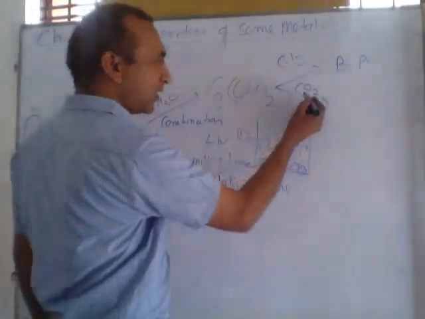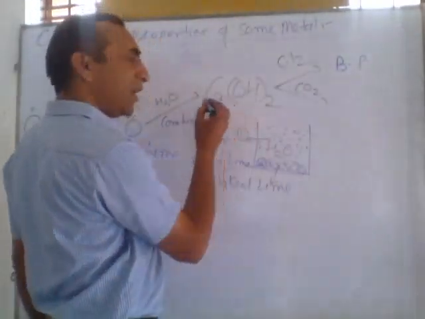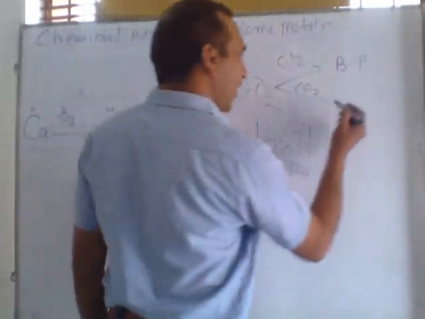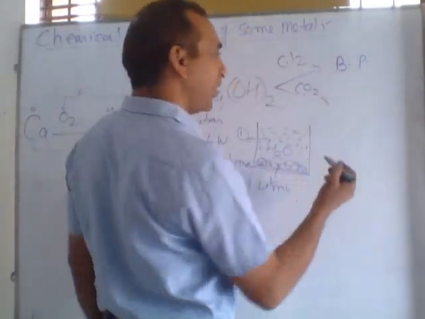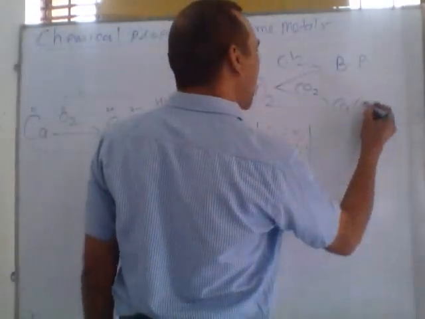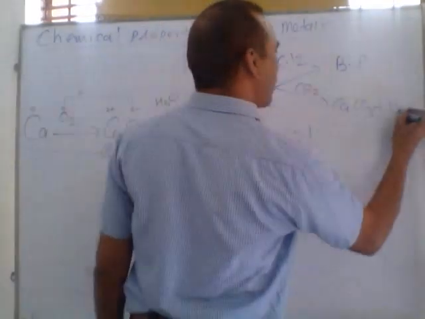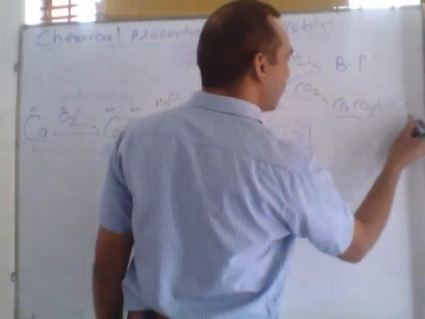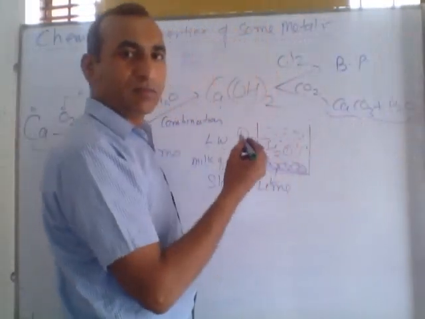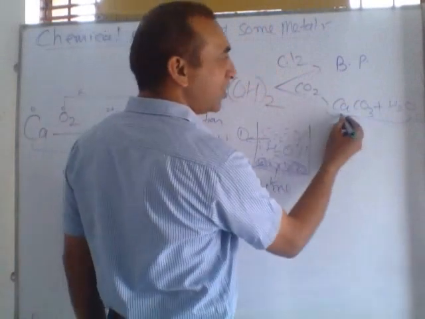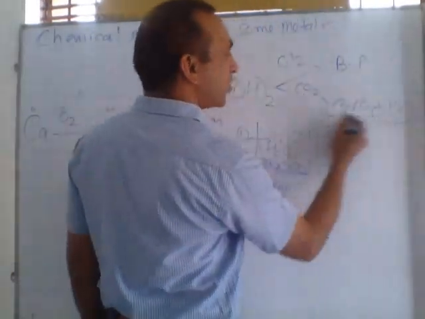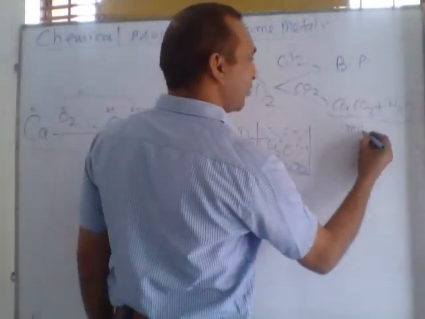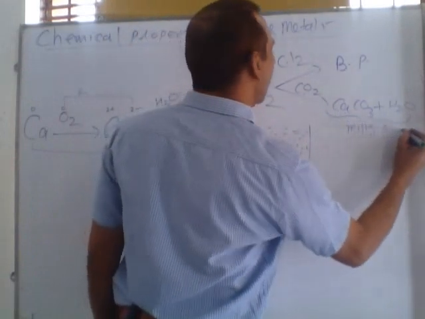If we pass CO2 gas in lime water, then a white precipitate of calcium carbonate is formed along with H2O. This calcium carbonate is called limestone. This limestone does not dissolve in water, so a milky color is formed.